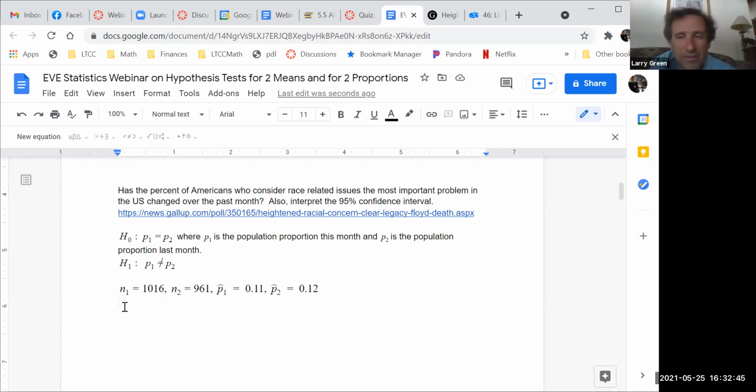Very minor difference. So is the sample size big enough? What do you think? Yes or no? Any ideas? I don't see y'all jumping in.